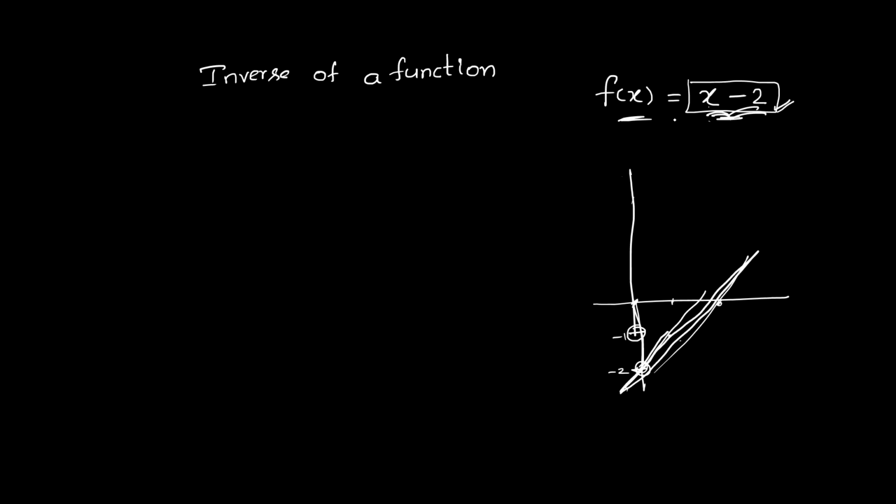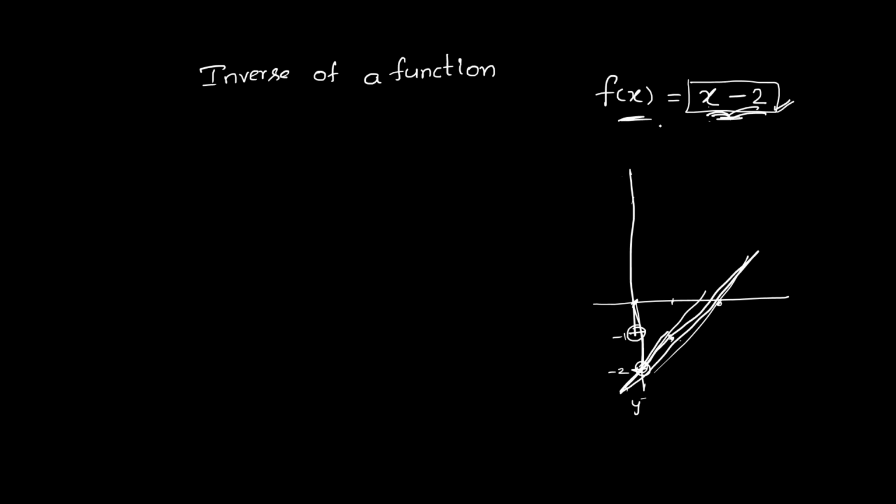Where are we taking that minus 2? On the y axis. And for x is equal to 1, the value is 1 minus 2, which is minus 1. So the function is minus 1. Where are we taking the value of the function? On the y axis. That means when we want to compare two variables, one is plotted on the x axis and the function value is taken on the y axis.